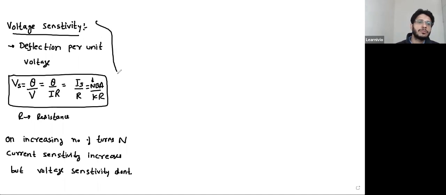So if I increase the number of turns, then current sensitivity will increase, but not voltage sensitivity. Voltage sensitivity will remain constant. See why it happens.